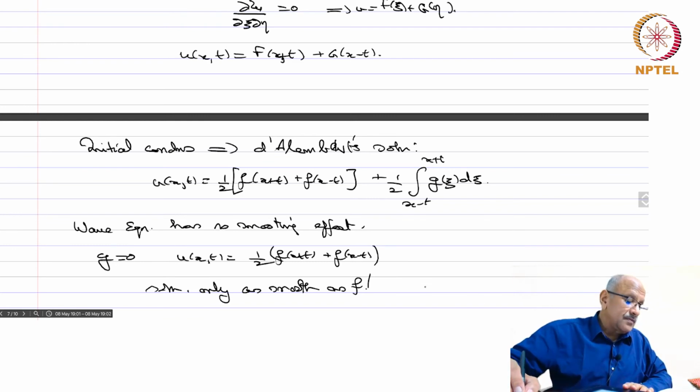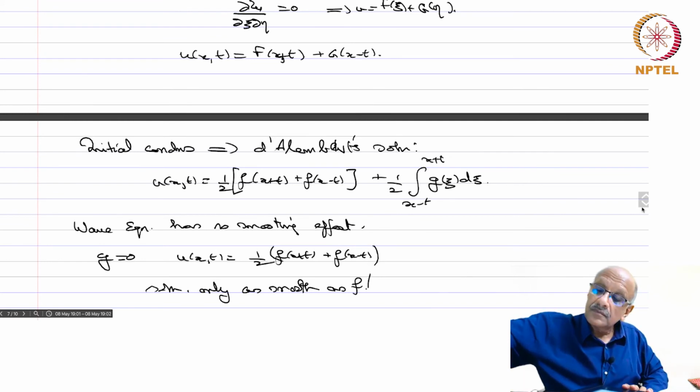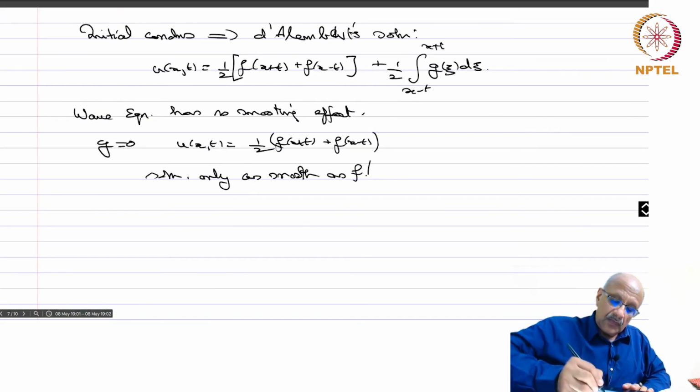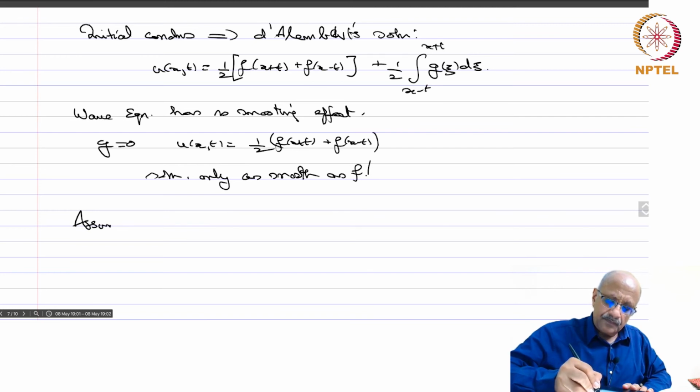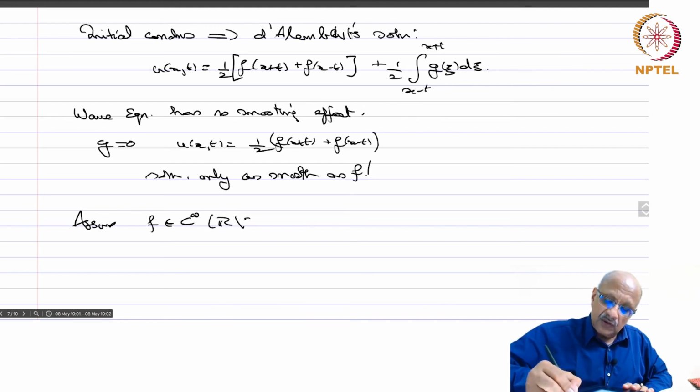And also, assume f belongs to C infinity on R minus {0}.